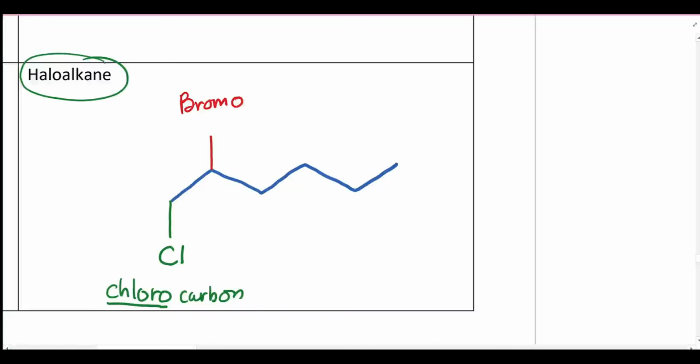So this is a bromo group. The next one is if it's bonded to an iodine, that is iodo. And the last one is if we are bonded to a fluorine, then it's going to be called a fluoro.